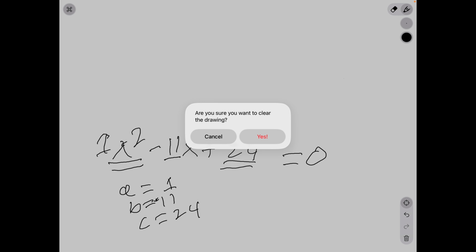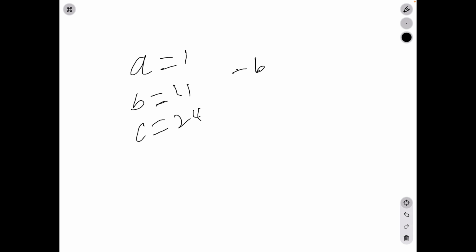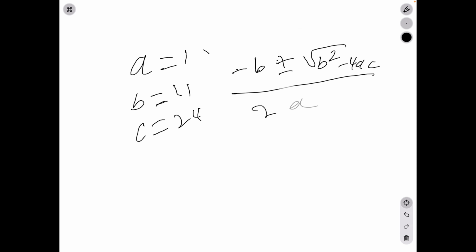We saw that a equals 1, b equals 11, and c equals 24. Now, we just have to use the quadratic formula, negative b plus or minus the square root of b squared minus 4ac over 2a, to solve.